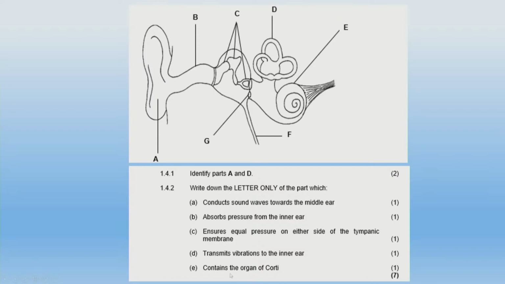And then number D transmits vibrations to the inner ear, that will be part number C, which are ossicles. And then number E contains the organ of Corti, which is responsible for hearing. That is the receptor which is involved in hearing, and that is part number E.